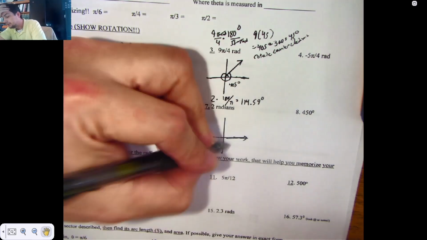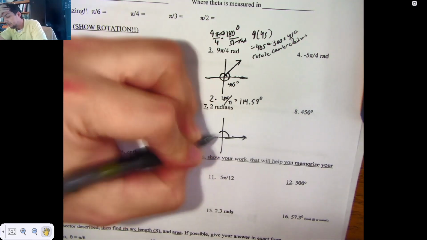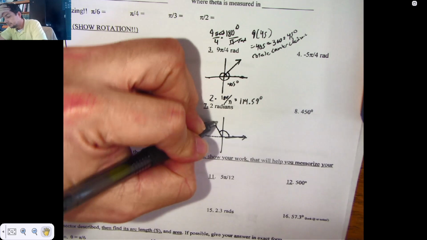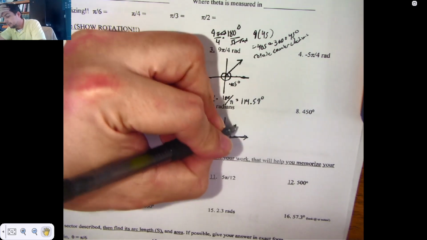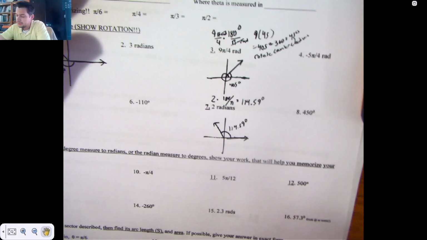That starts on the positive x-axis, then rotates counterclockwise, 90 and a little bit more. That's about 114.59 degrees. All right, so those are easy.